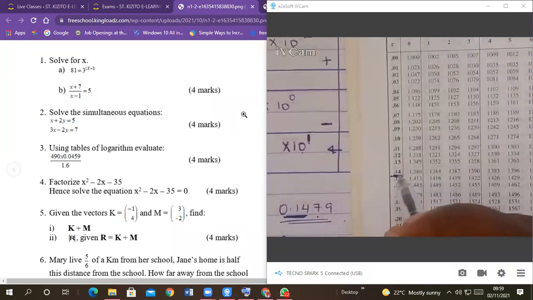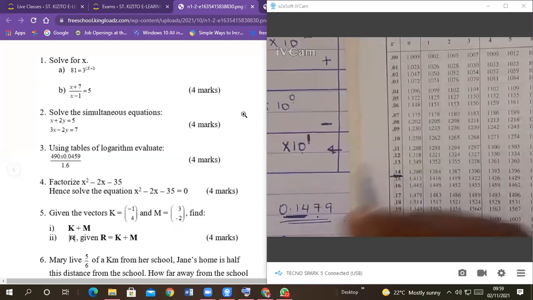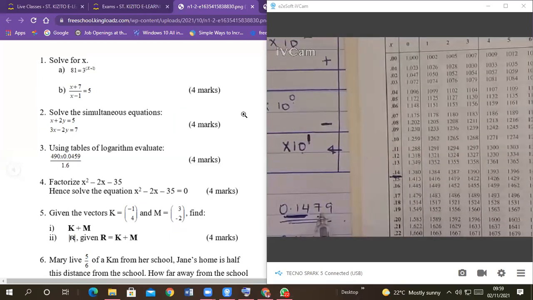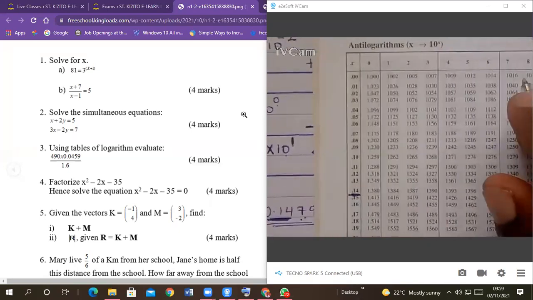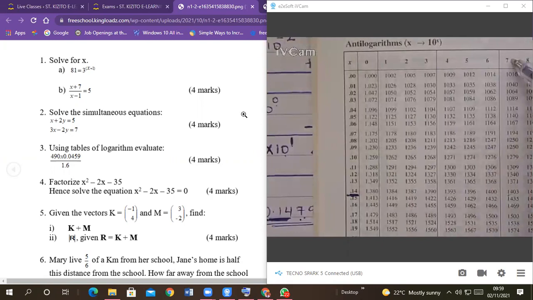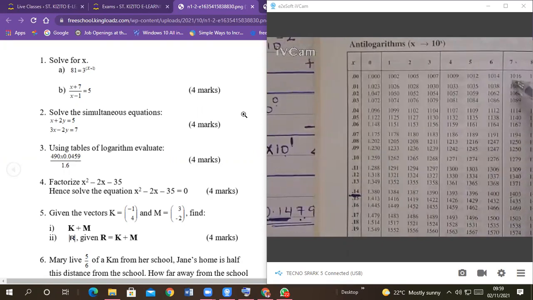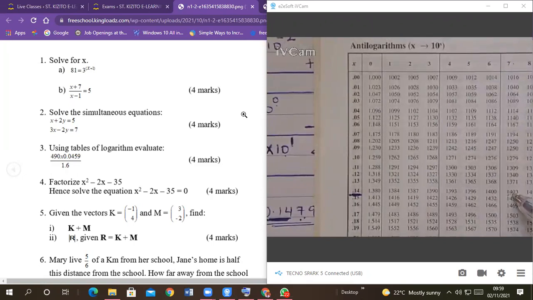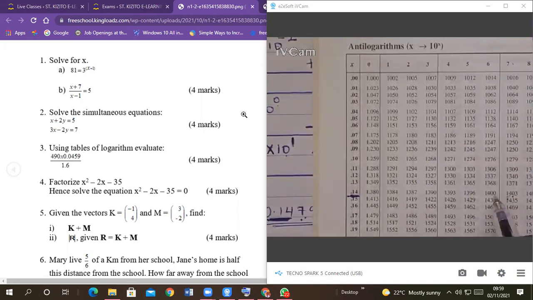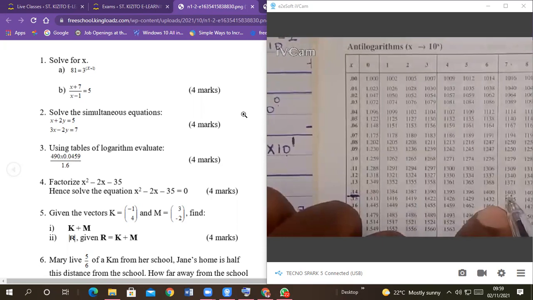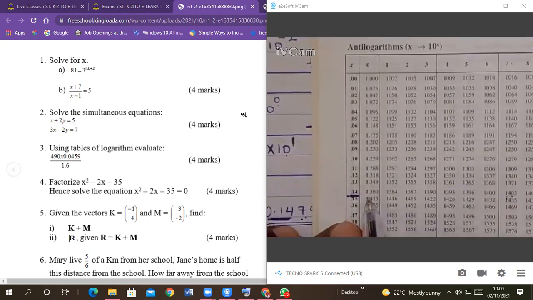Now, this is 0.14, okay? So we go to the column of 7. This is where we have columns up here, and 7 is here. So we look for the value that corresponds to 0.14. I want you to look at this first digit, which is here.